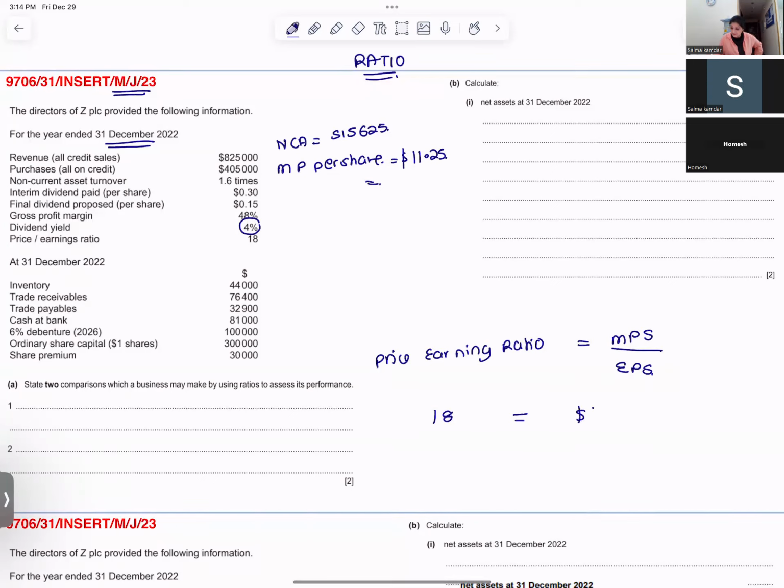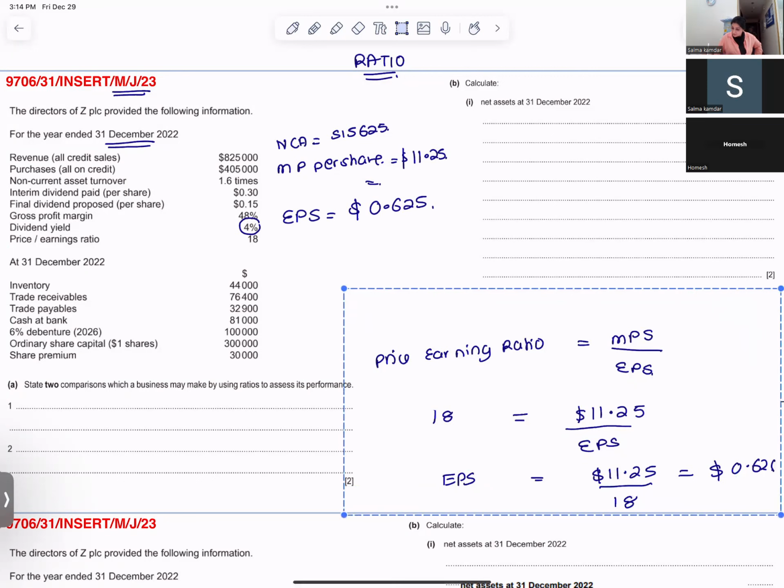You just found out, right? Yeah, 11.25. So now you will get your earnings per share. It will be $11.25 on 18. So your earnings per share will be $0.625. Are you with me?